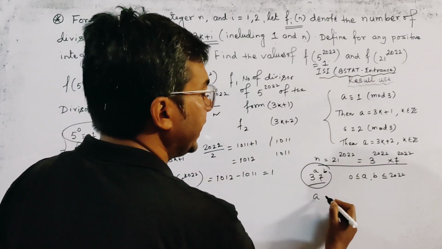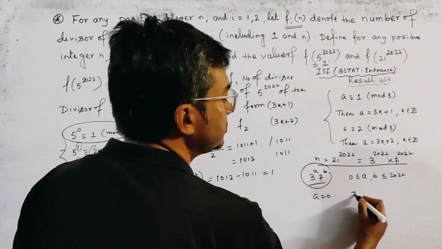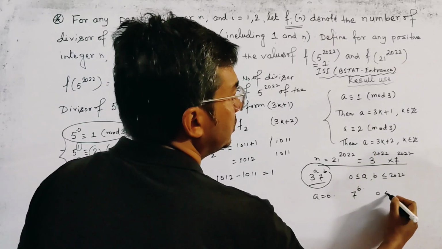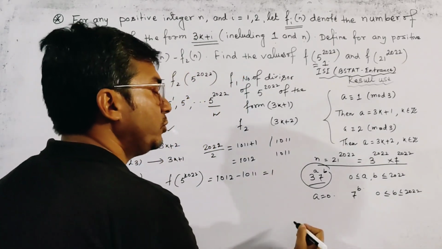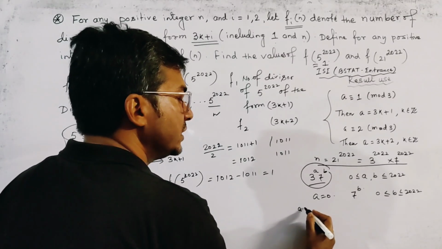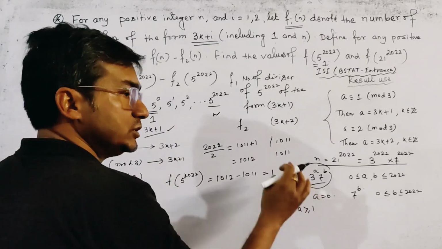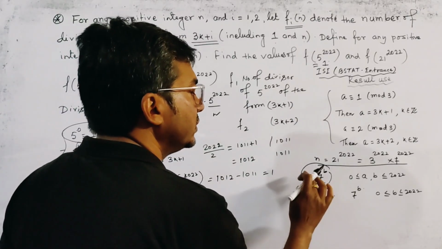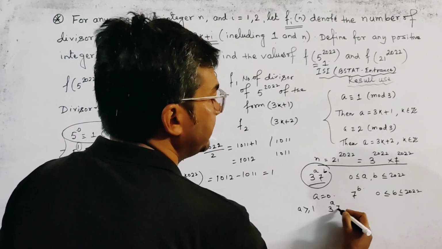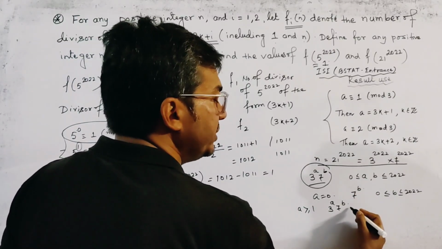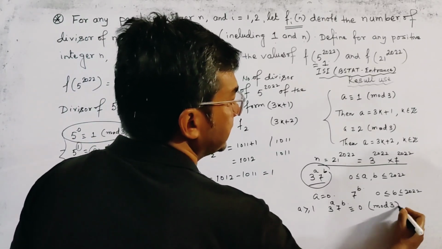Now if we take a equal to 0, then the divisor is of the form 7 to the power b, where 0 is less than or equal to b, less than or equal to 2022. But if we take a greater than or equal to 1, other than 0, then the divisor is of the form 3 to the power a and 7 to the power b, and this is obviously congruent to 0 when we divide it by 3.